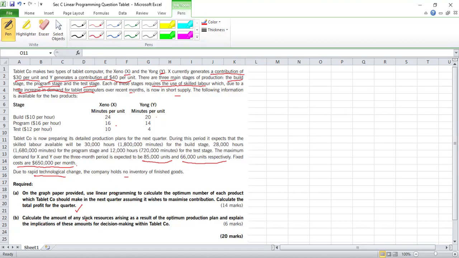Calculate the amount of slack. Slack means excess arising as a result of optimum production plan, and explain implications of these amounts for decision making within tablet company.